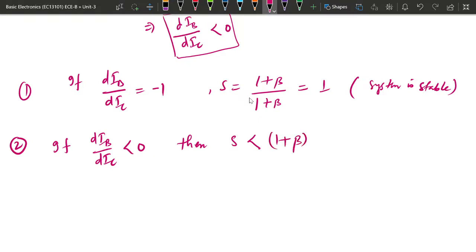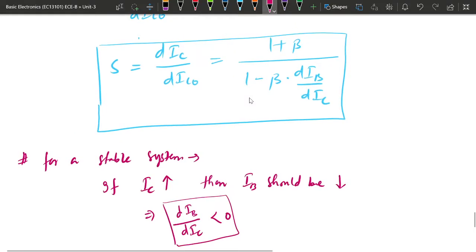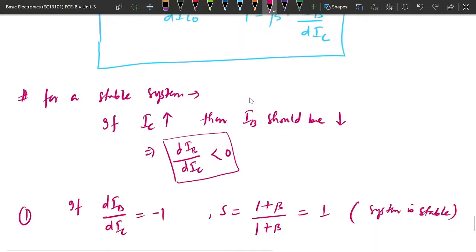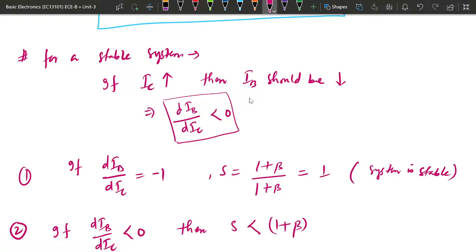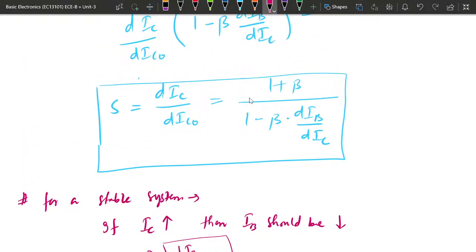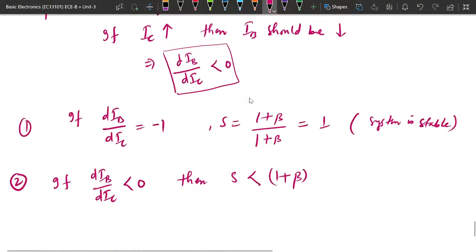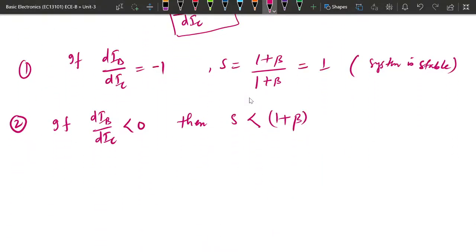Because this is 1 plus beta divided by 1 minus something. If this is less than 0, that means this value will be some positive value. So 1 plus beta will be divided by some positive value, and it will be less than 1 plus beta only. So the S value is less than 1 plus beta. If this is the case, then the circuit is a stable system.